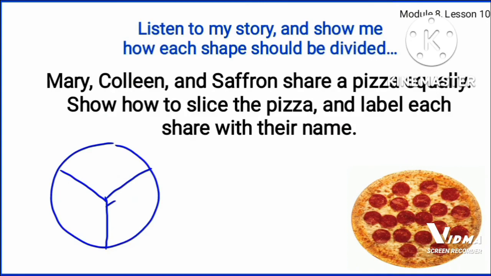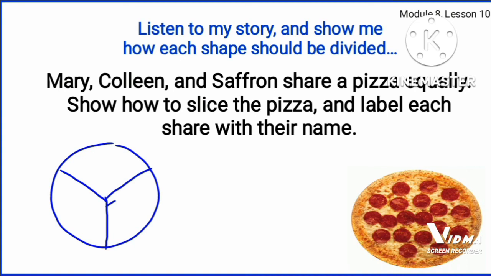It's fun working on these shapes. Listen to my story and show me how each shape should be divided. Mary, Colin, and Saffron share a pizza equally. Show how to slice the pizza and label each share with their name. A pizza, one pizza.